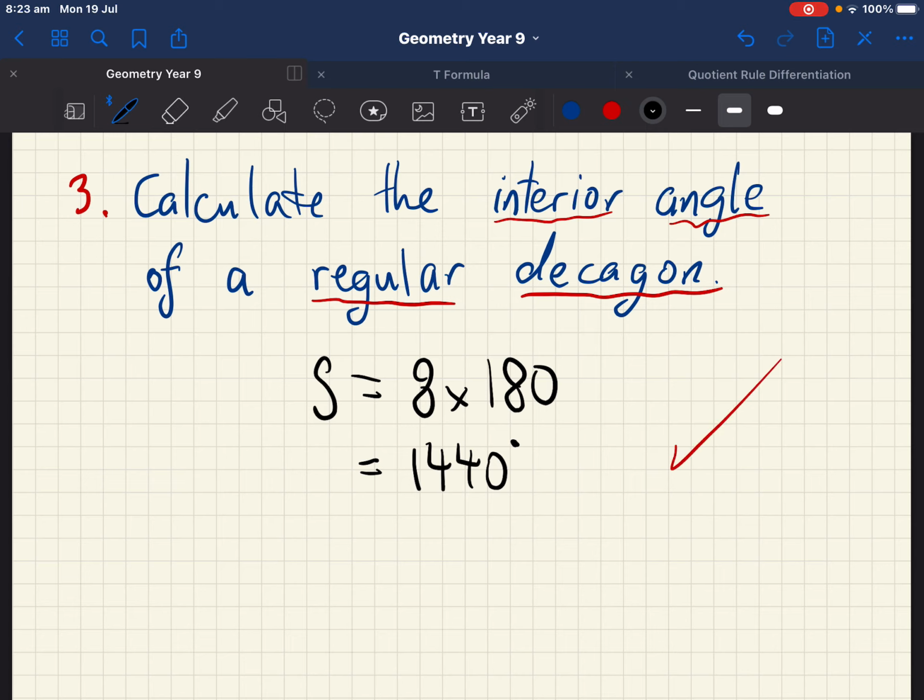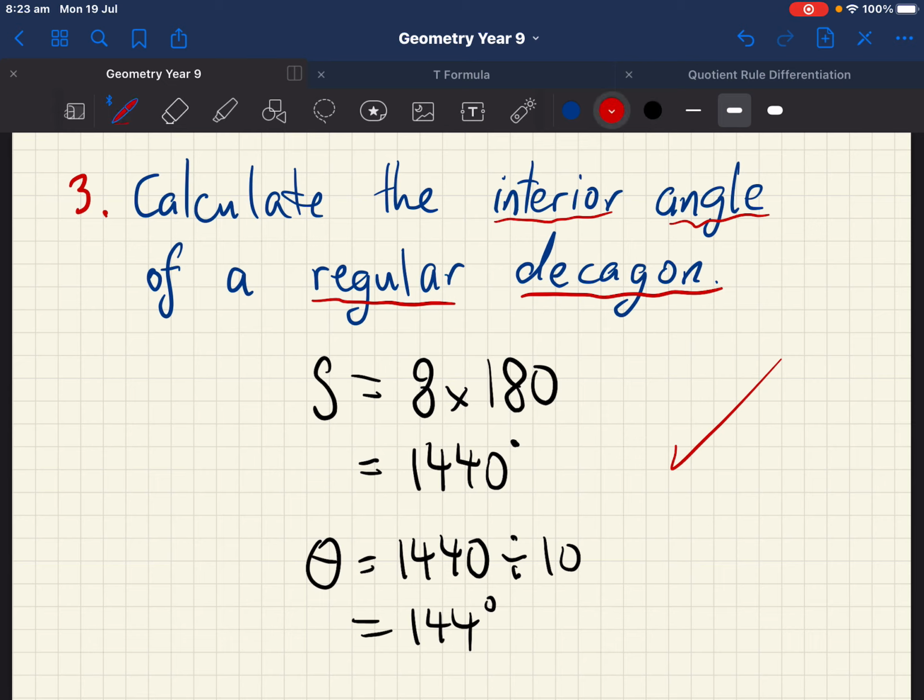Now that we know what all of the angles add up to, we can then find the size of one of these interior angles, which I'm just going to call theta because that's what we've been doing. So all the angles add up to 1440. There are 10 angles in total. So let's divide it by 10 to split it up. Every single one of those interior angles will be the size 144 degrees.